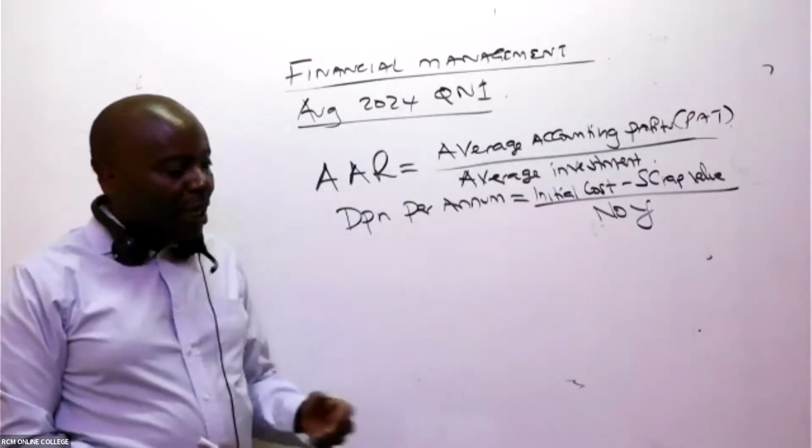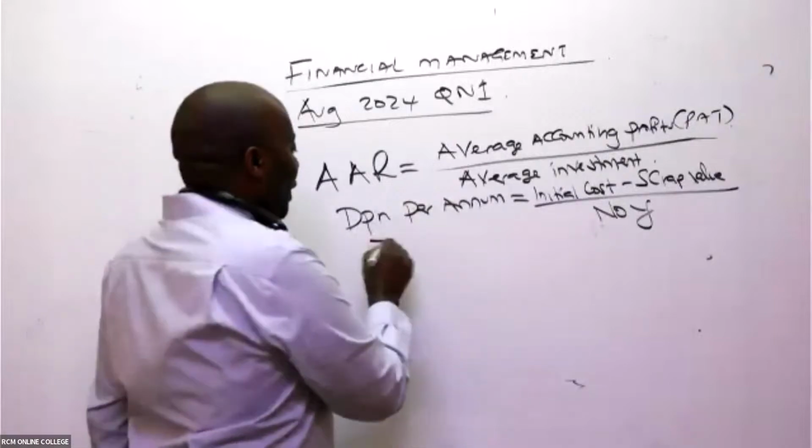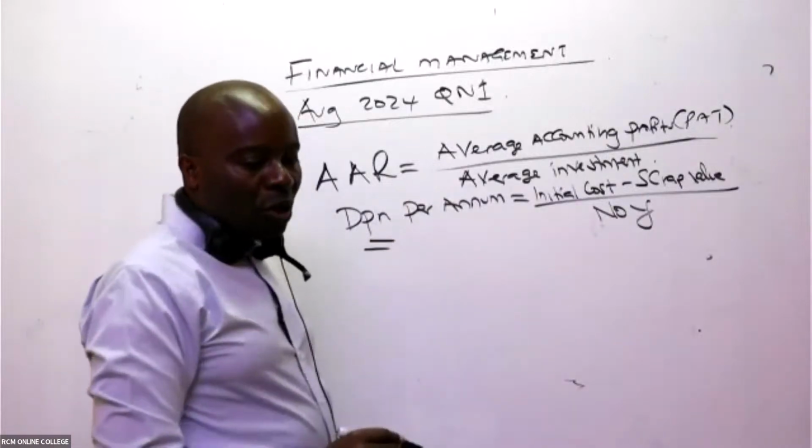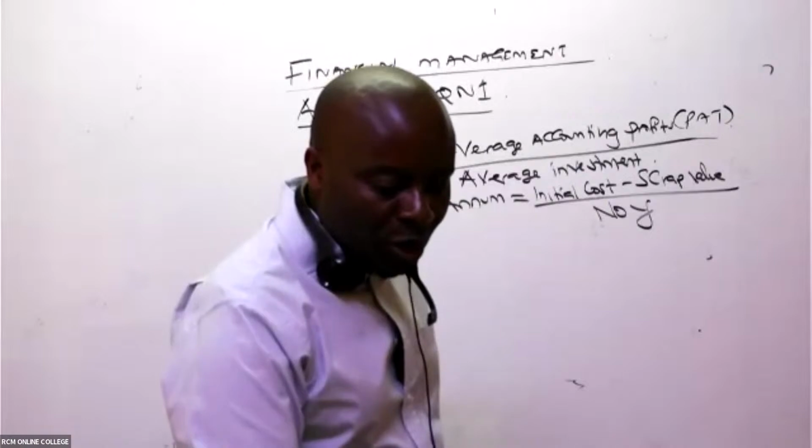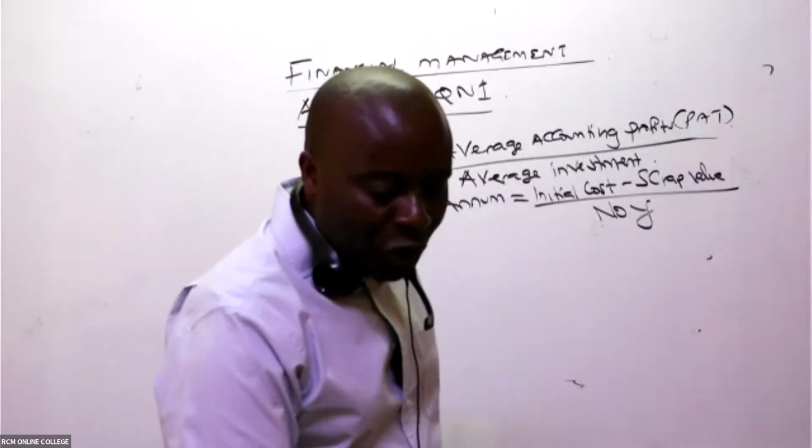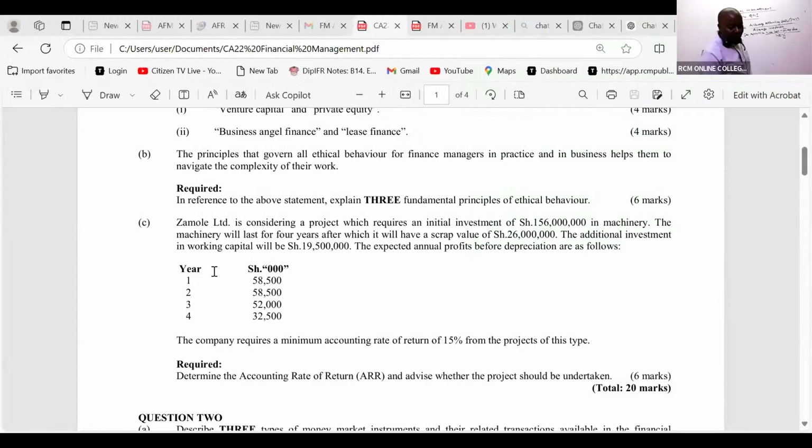So we start with the initial cost. If I share back the paper, you can see, ladies and gentlemen, that the initial investment of the machine is 156,000 and the scrap value is 26,000. So 156,000.